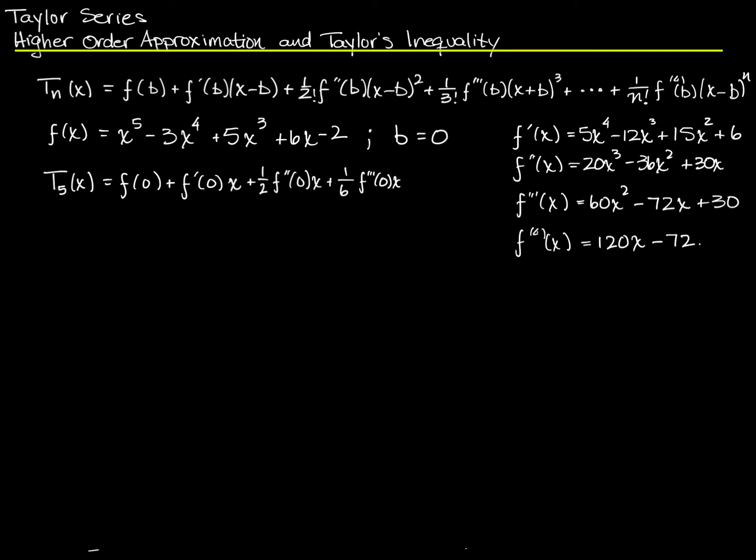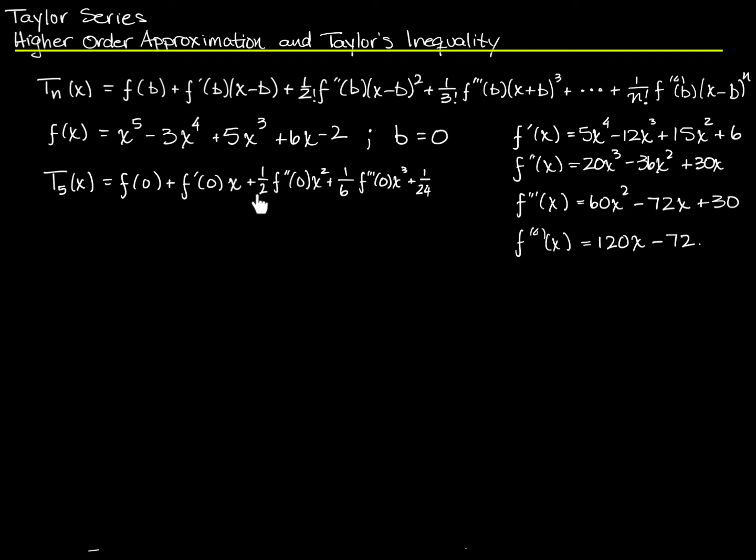I missed something. This is x minus 0 to the first power. The next one's to the second power. So this is x squared. This one's x cubed. And then I have 1 over 4 factorial, which is 24.